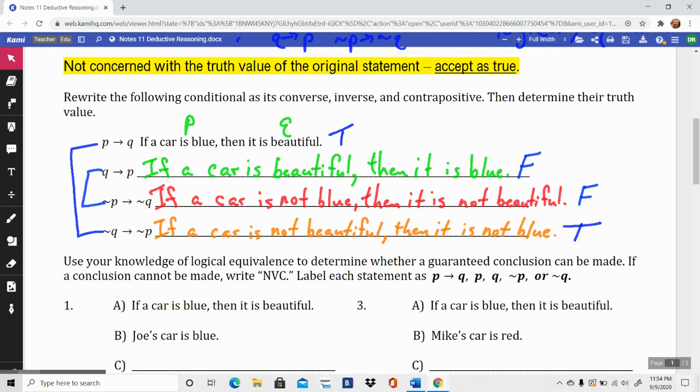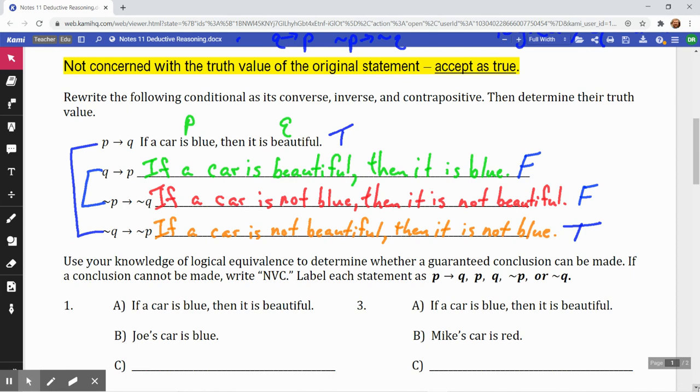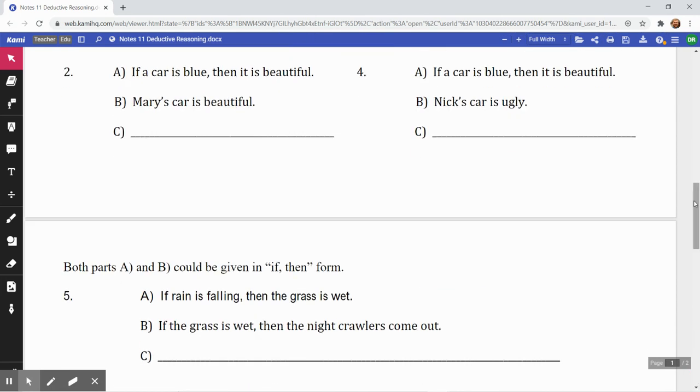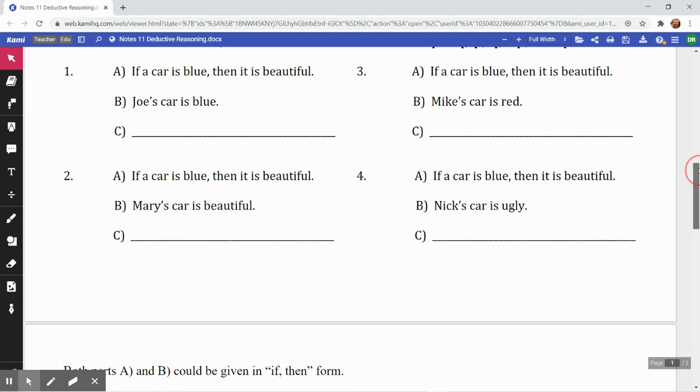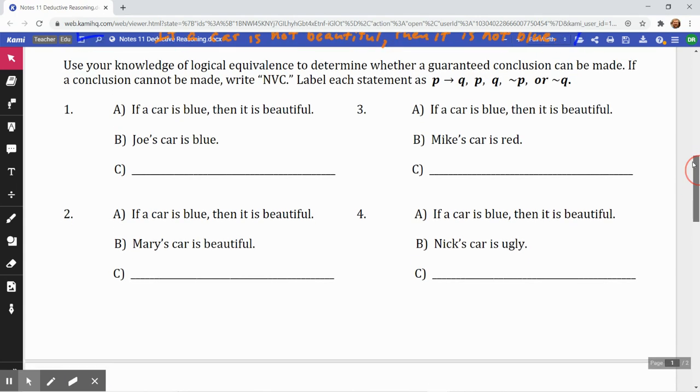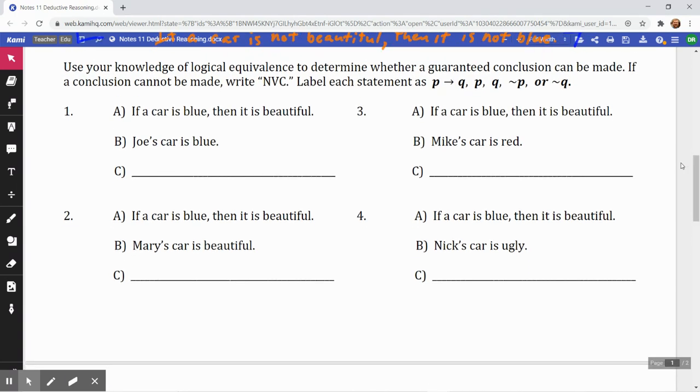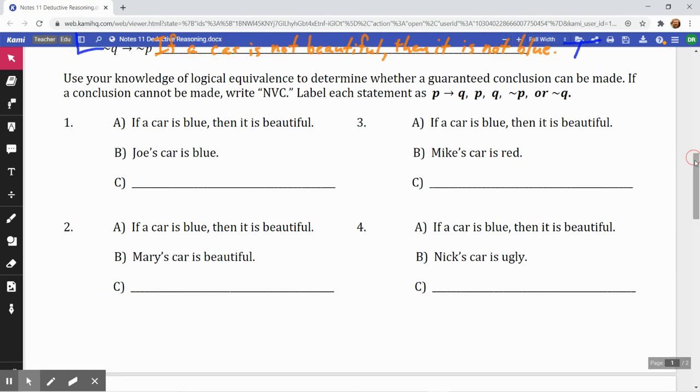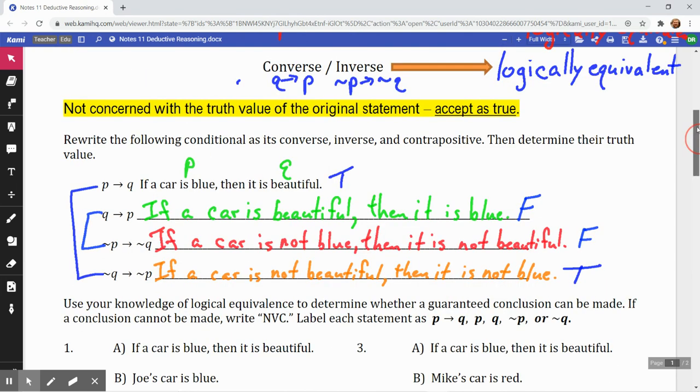Okay, so what we're going to do is continue on with this example, build upon it. And down here we have a few other examples that talk about this car and apply this rule. And we're going to utilize this idea of when a statement is guaranteed to be true and when it's not.